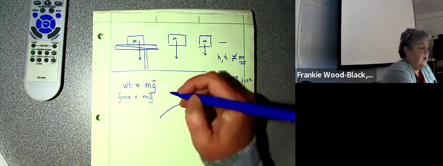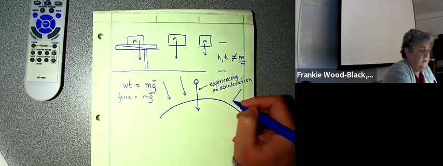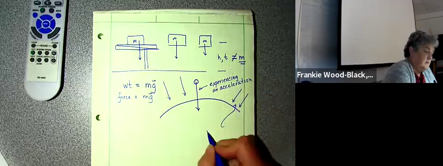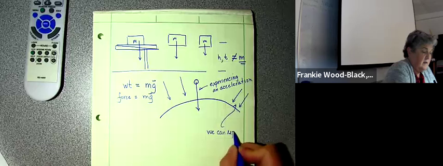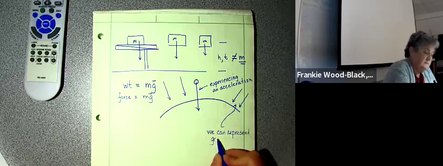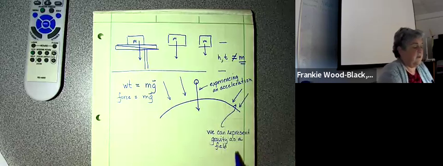My weight is a force, but I can actually represent gravity as a field. So we can represent gravity as a field.